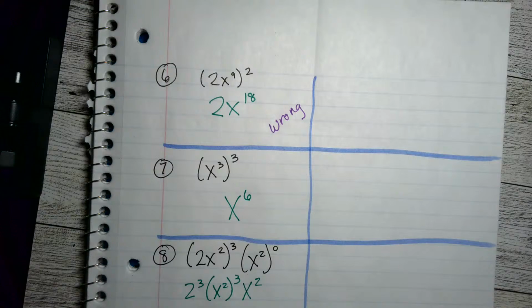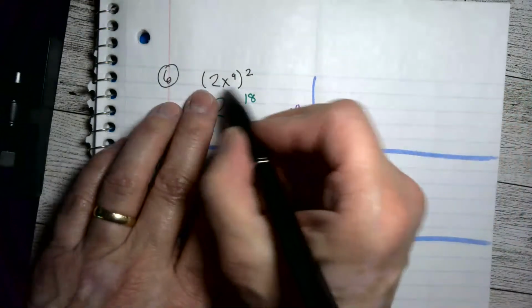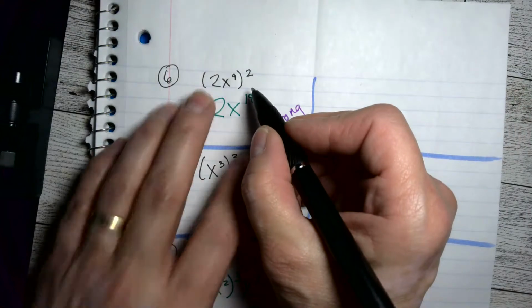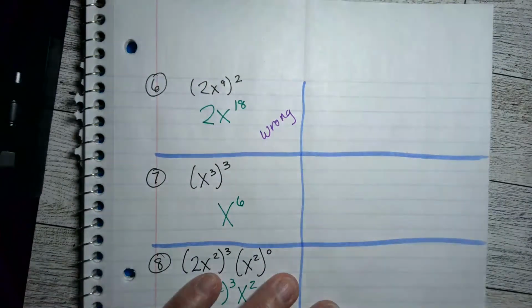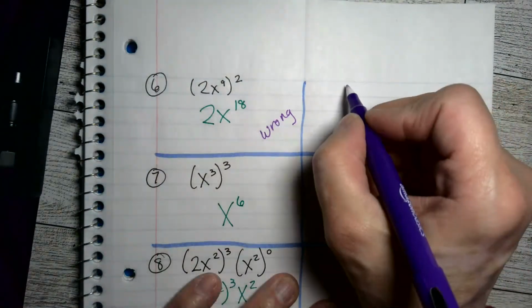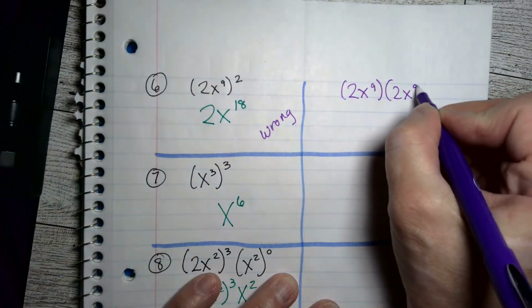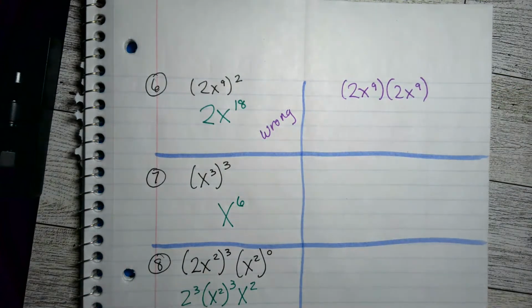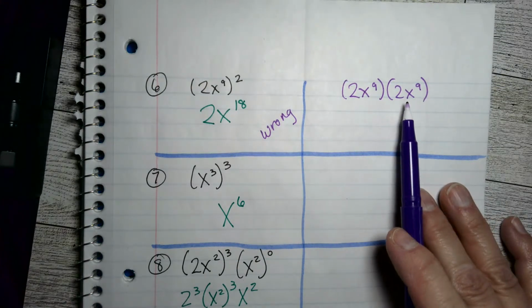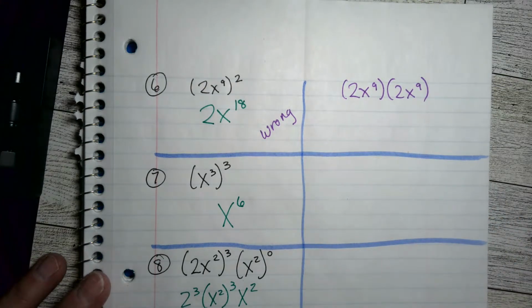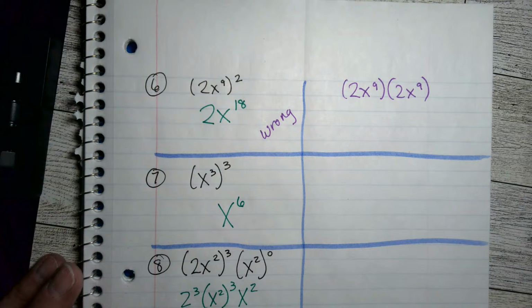No, that's not the right way to say it. I just called it the power up rule. But if you're not sure, write it out. You have 2x to the 9th squared. Well, that is 2x to the 9th times itself twice. Maybe you don't have to completely expand it.